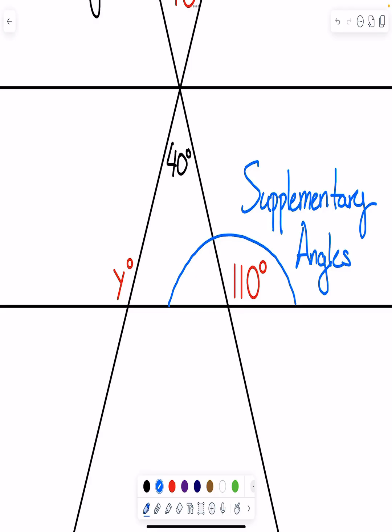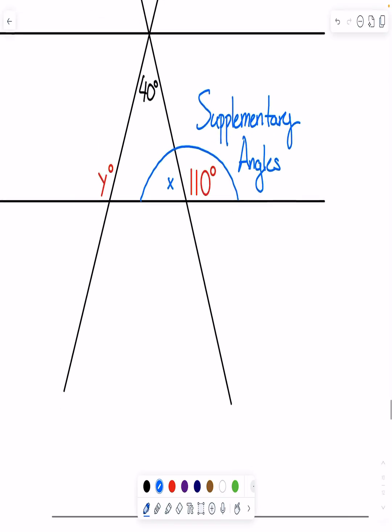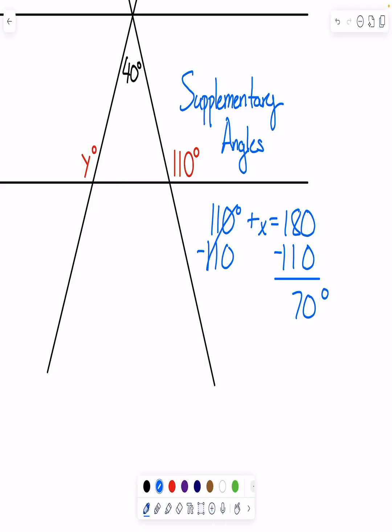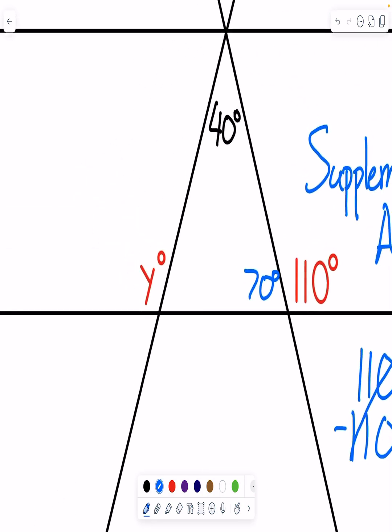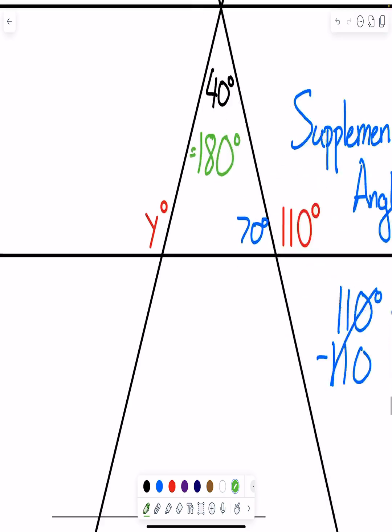We'll call this variable x. It's 110 plus x gives me 180. Subtract 110 from both sides. It cancels. And so this side here is 70 degrees. All angles in a triangle add up to 180 degrees total. So if I have 40 and 70, what should this right here be?